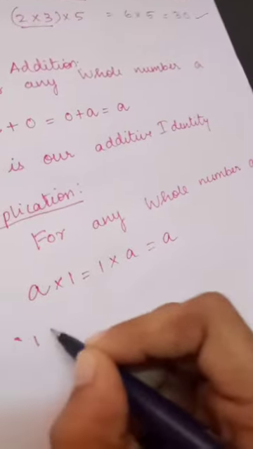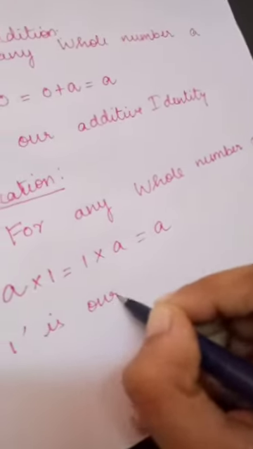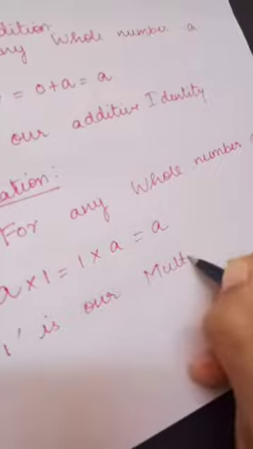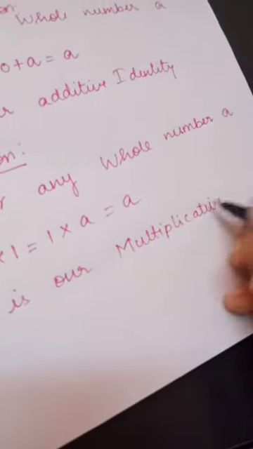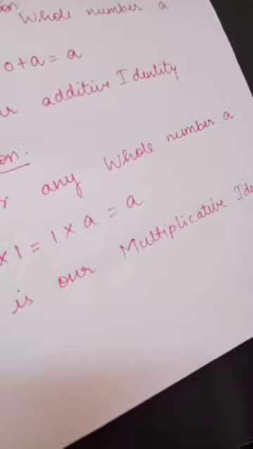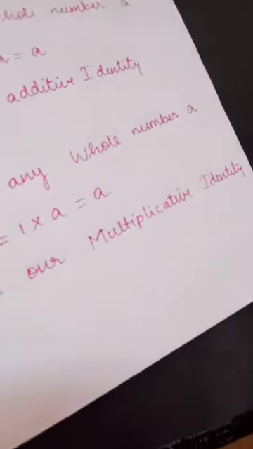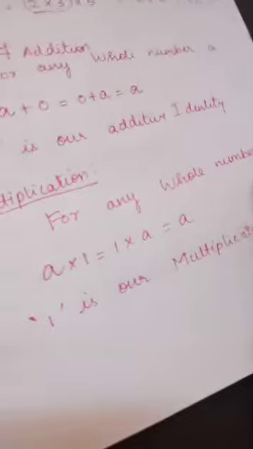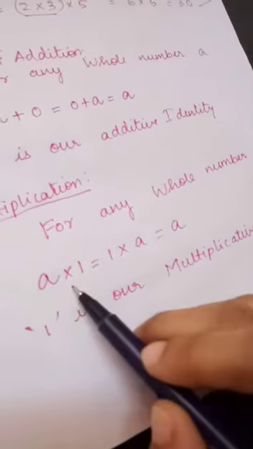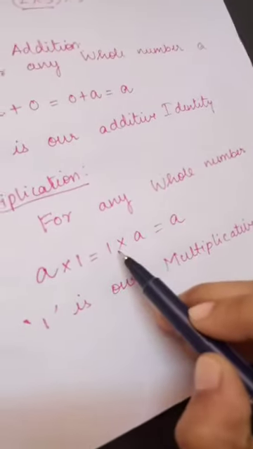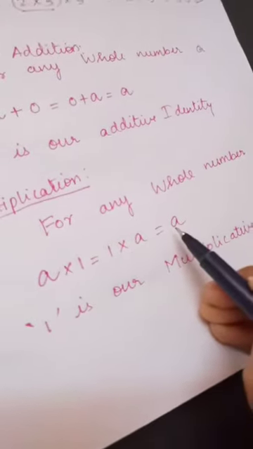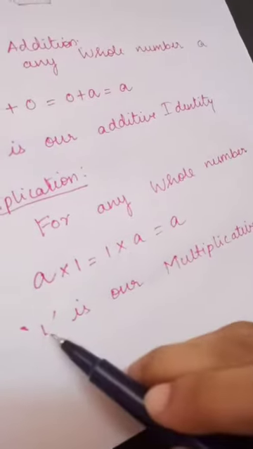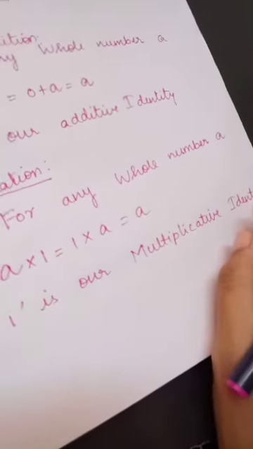Therefore, 1 is our multiplicative identity. In both ways, 1 into A or A into 1, we will get the same whole number. Therefore, that 1 is our multiplicative identity.